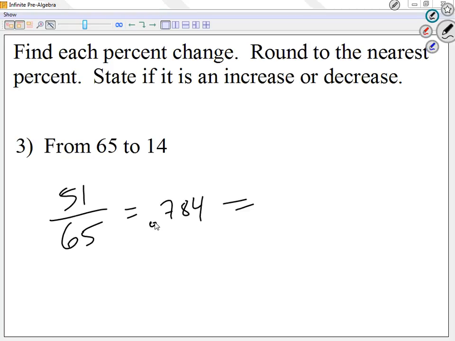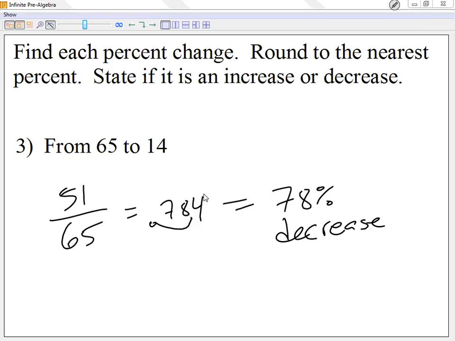I know I have to move this two places to the right, but my 4 is not big enough, so I'm just going to ignore it, and I'm going to call this 78%. Since the price went down, I'm going to call this decrease. If it had gone up, I would have called it increase. And if my 4 was big enough, I would have called it 79%. But don't forget to round.